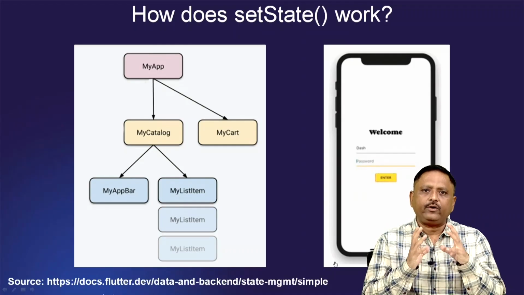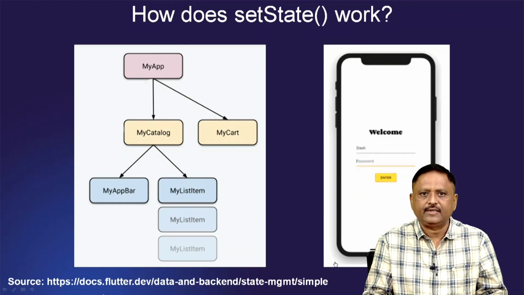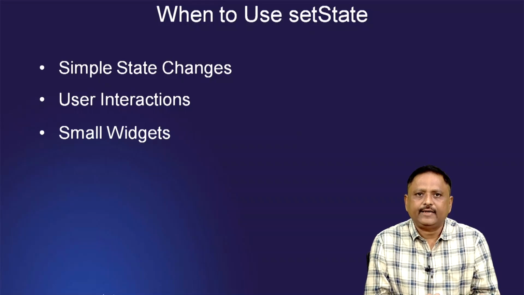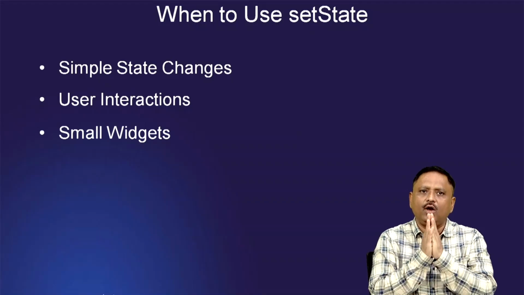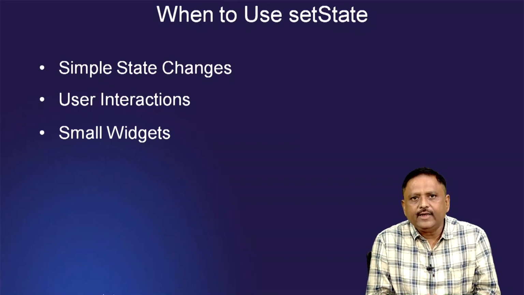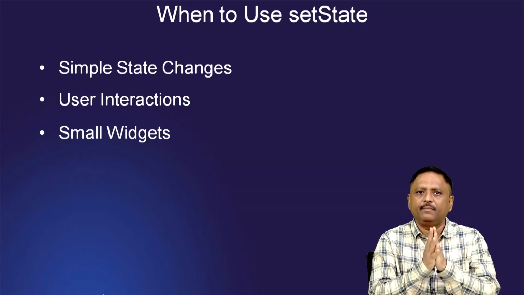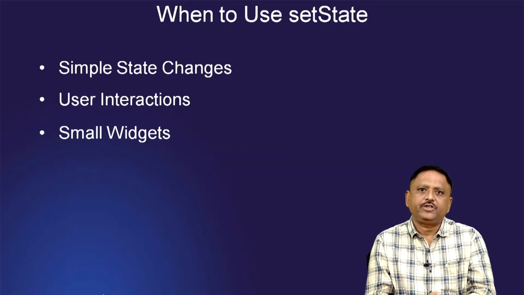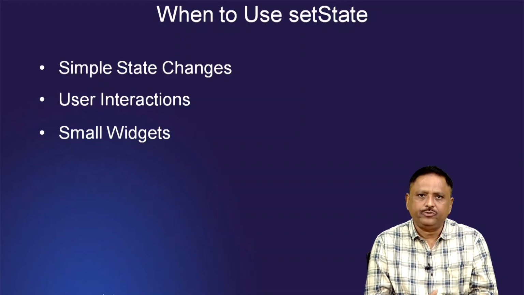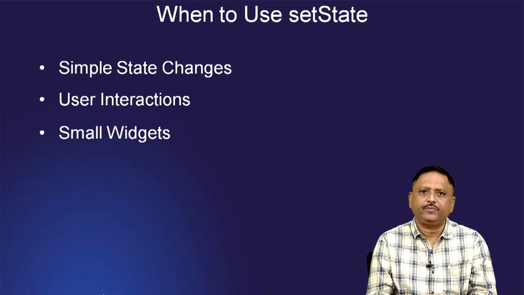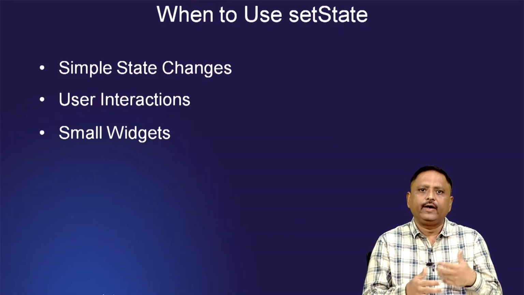Now let us try to understand the limitations of set state. Set state is good, but it is not always perfect. Using set state has some limitations which can lead to performance issues, especially if large widget trees are rebuilt frequently.